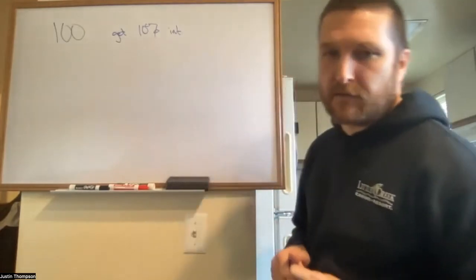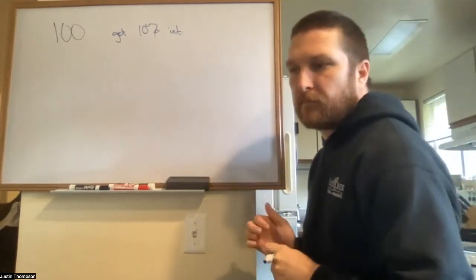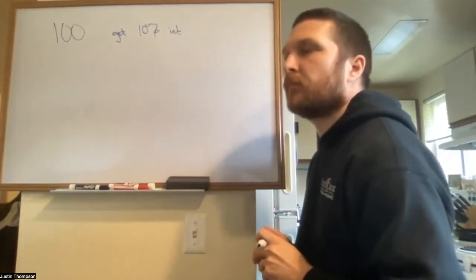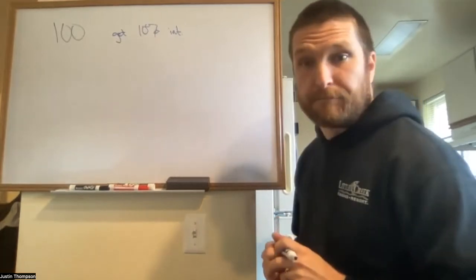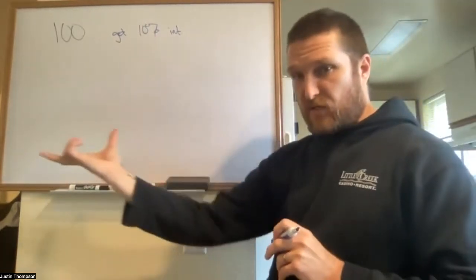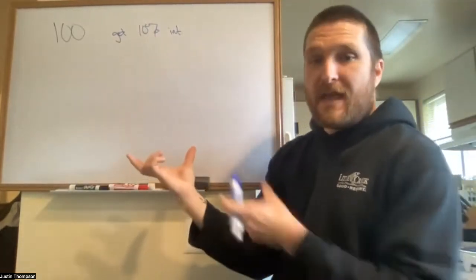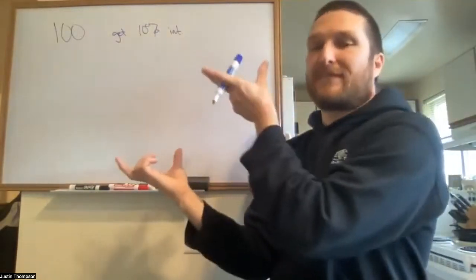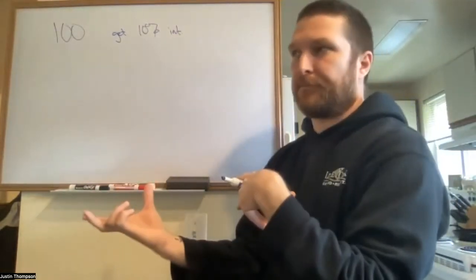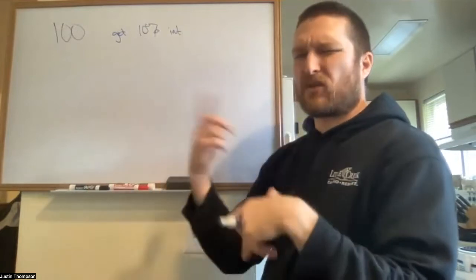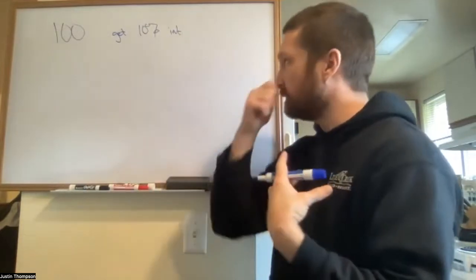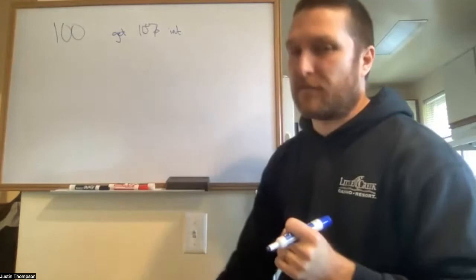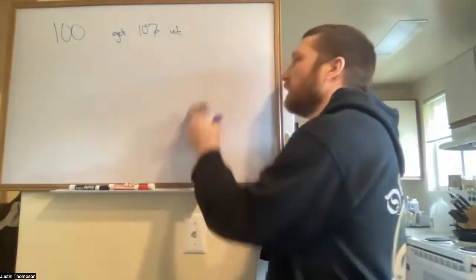What's 10% of 100? 10. So you're going to get your original 100 back, and then you're going to get an additional 10% of that, right? So we should have a total of what? 110.